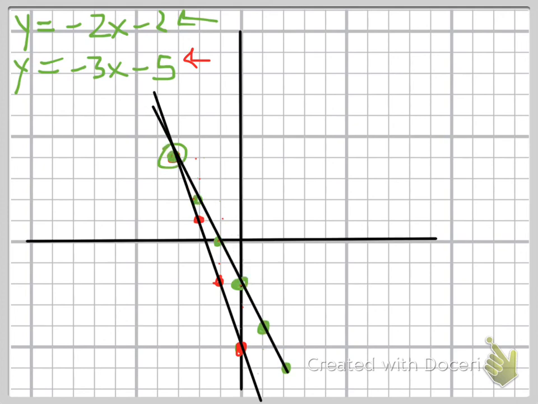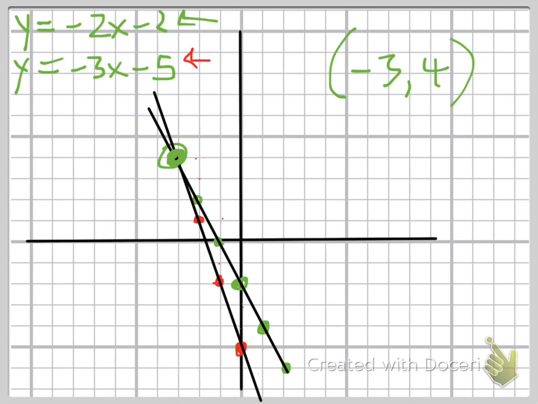And it looks like our intersection point is at, oopsie, that's not right. I don't know why I keep saying oopsie. It's not really in my normal vocab. All right, so it looks like our intersection point is right there, which is negative 3, 4.